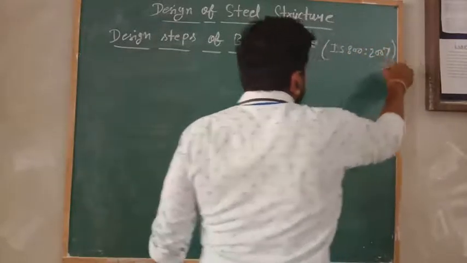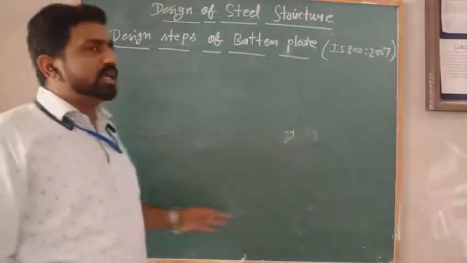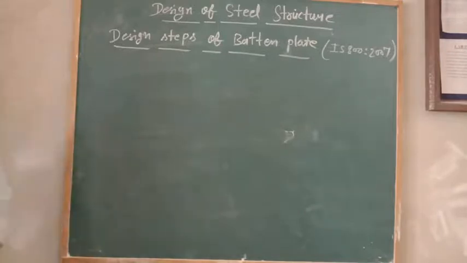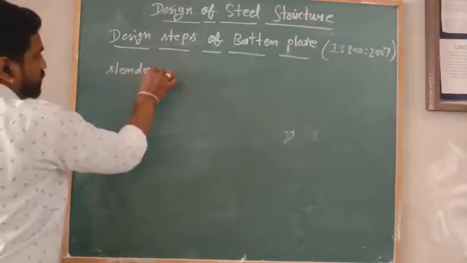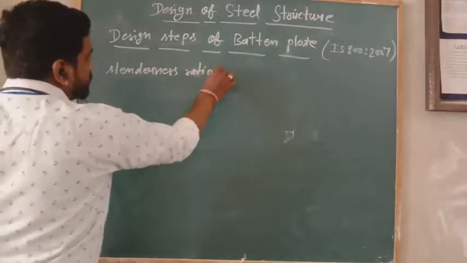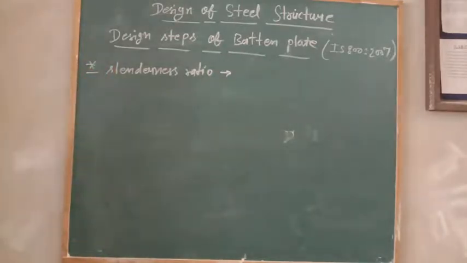The first difference between batten and lacing is that lacing is an inclined member and batten is a horizontal member. First of all, slenderness ratio is the major difference between lacing and batten. For lacing, lambda is equal to KL upon Rxx into 1.05.